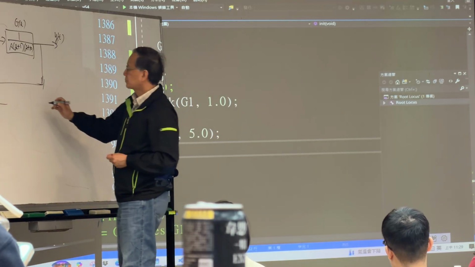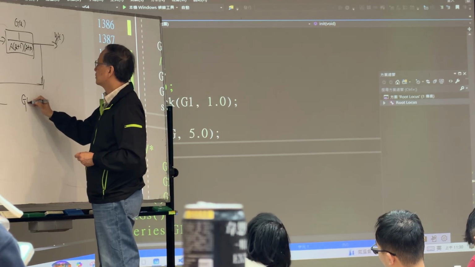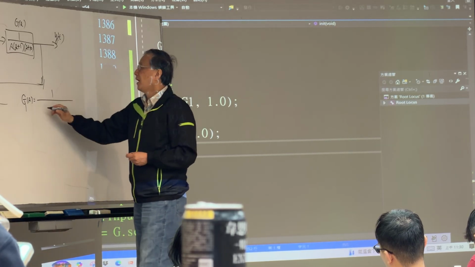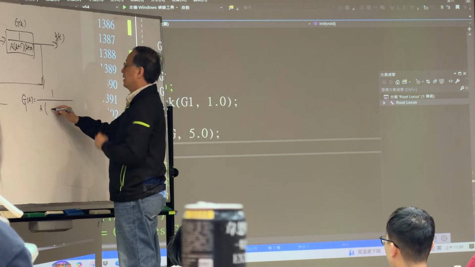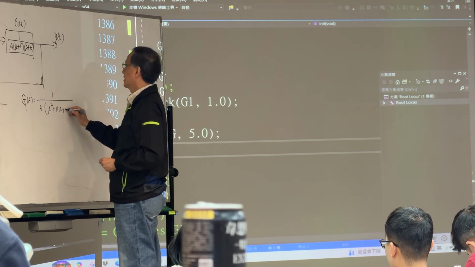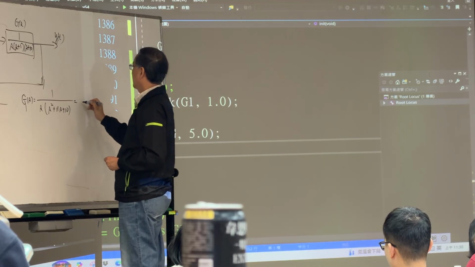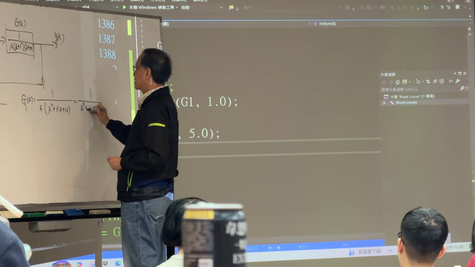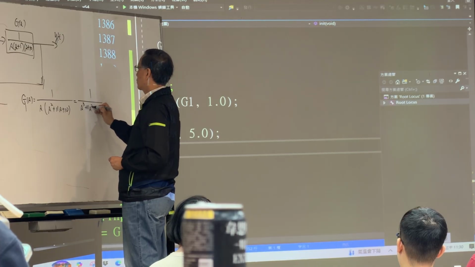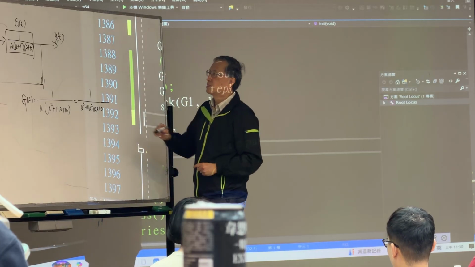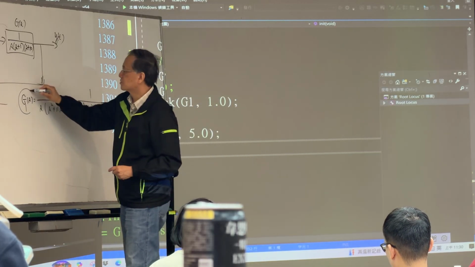But we have this G function equals 1 over S times (S squared plus 11S plus 10), or it can be written as 1 over S cubed plus 11S squared plus 10S plus 0, right? So this is our G(S).